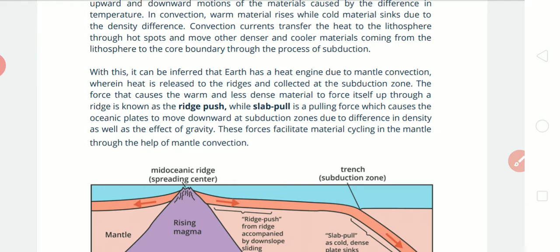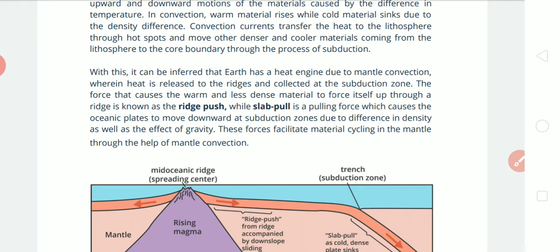So, slab pull is a pulling force. Kusog siya mobira, which causes the oceanic plates to move downward at subduction zones due to difference in density as well as the effect of gravity. These forces facilitate material cycling in the mantle through the help of mantle convection.